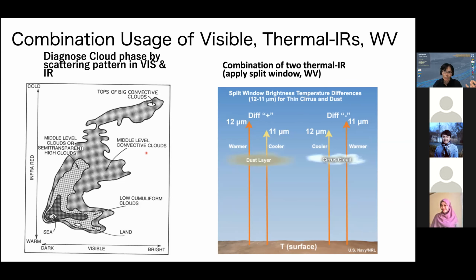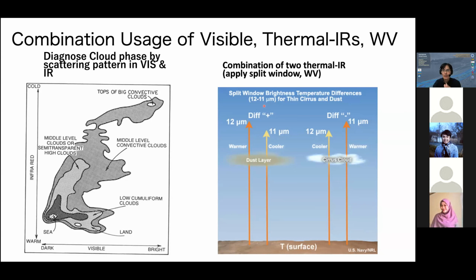Another possibility for cloud classification is utilizing the brightness temperature difference around 10 micrometers. This schematic illustration shows the split window brightness temperature difference, 11 minus 12 micrometers, to detect thin cirrus or dust.